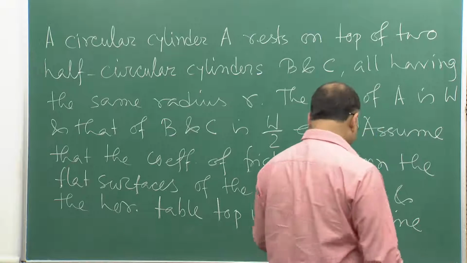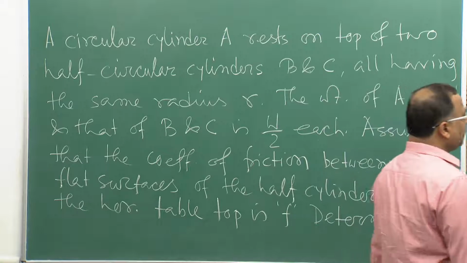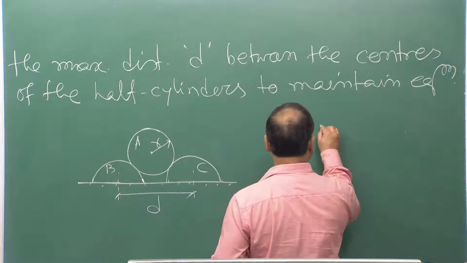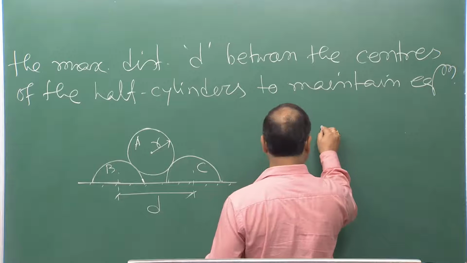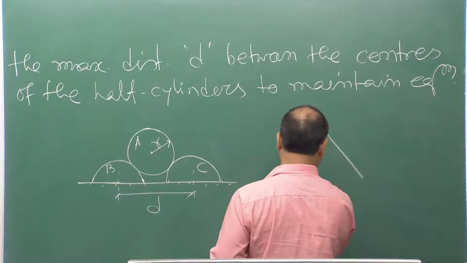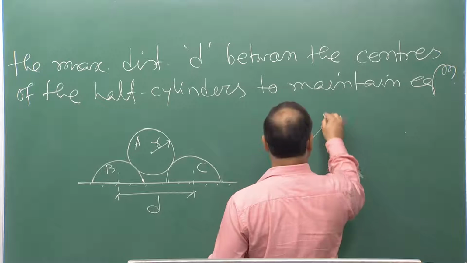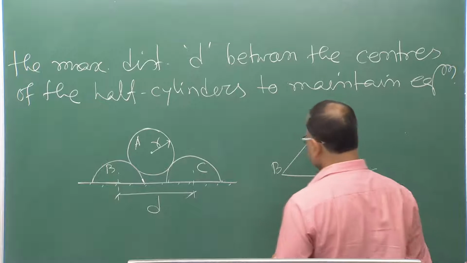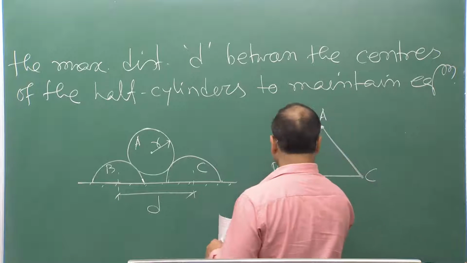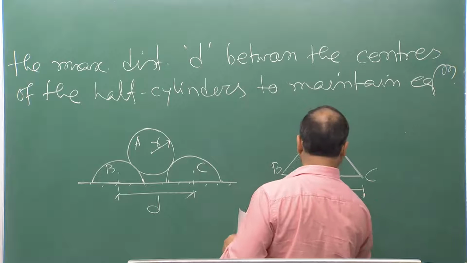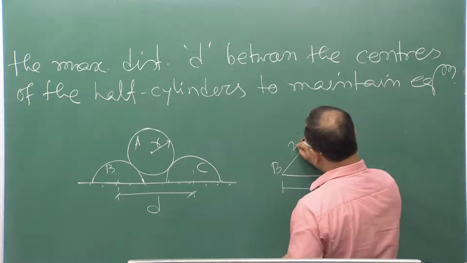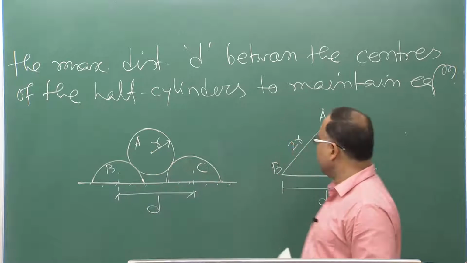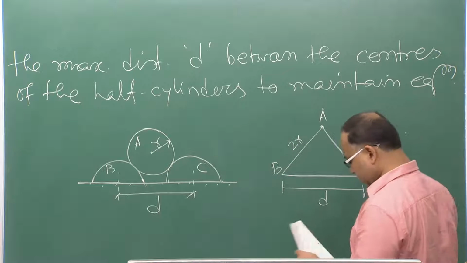Now, if you look at this figure, from the geometry, this is the center of A, the center of B and the center of C cylinder. This distance is d as given. The center to center distance between A and B is twice r, this is also twice r.